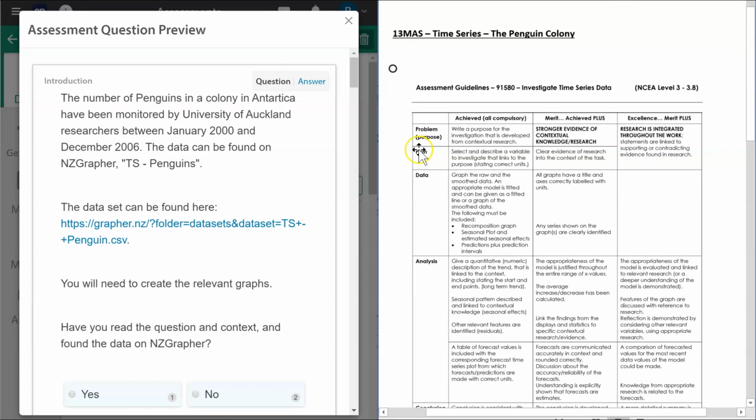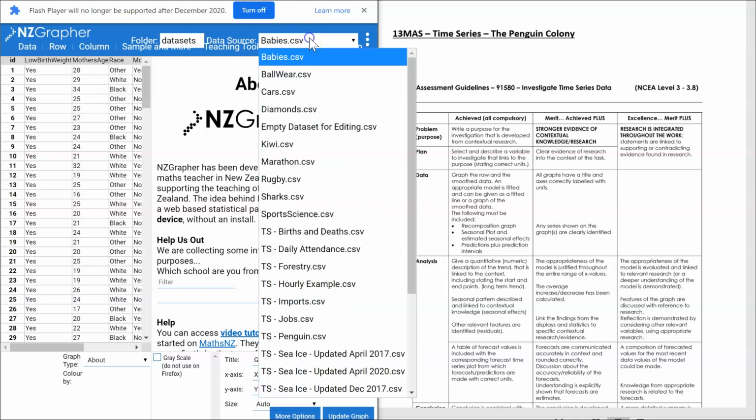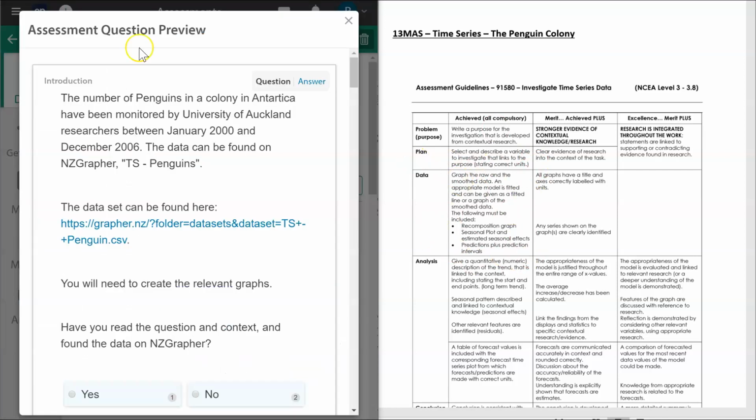So, the first thing that we need is our marking schedule here. I've copied and pasted that below. I've got the context from the question here, and on another tab, I've got the NZ Grapher data as well. We don't really need to look at the data until the data section. So let's have a think about this.